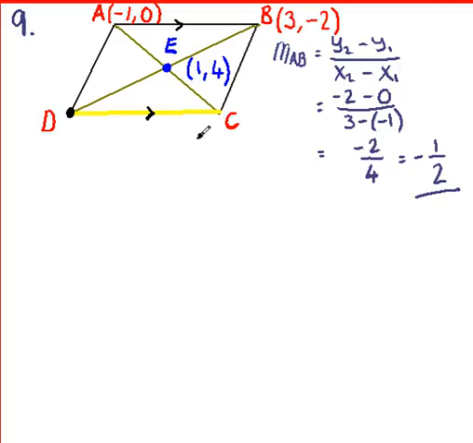The thing that's going to come in handy here is the fact that we know this point E. We have a diagonal, which is a straight line connecting B and D, where B and D are the endpoints. The midpoint E here we know is (1, 4).